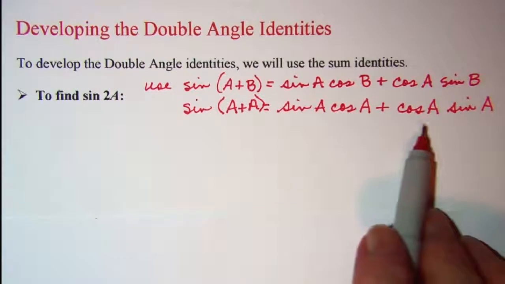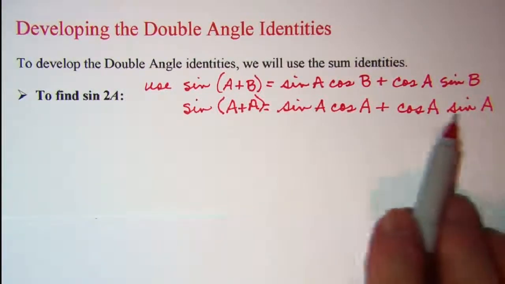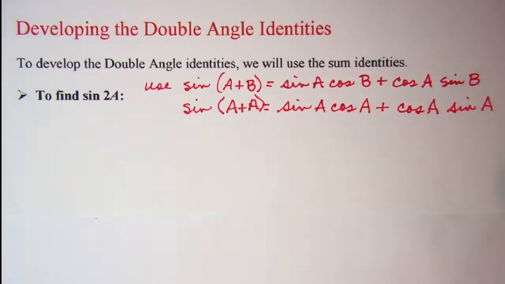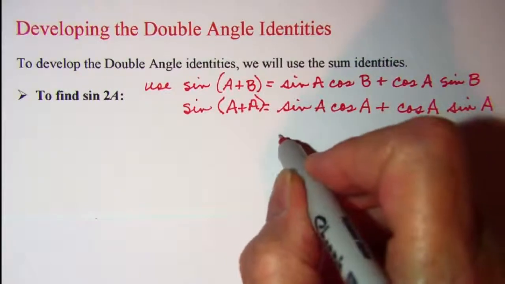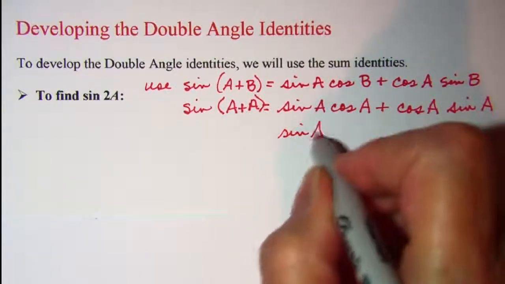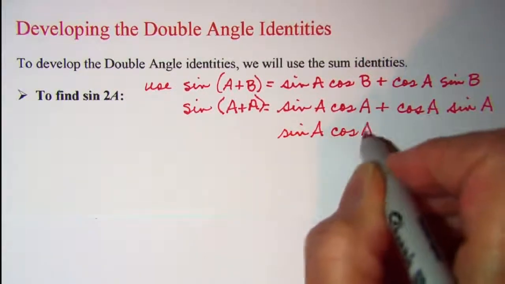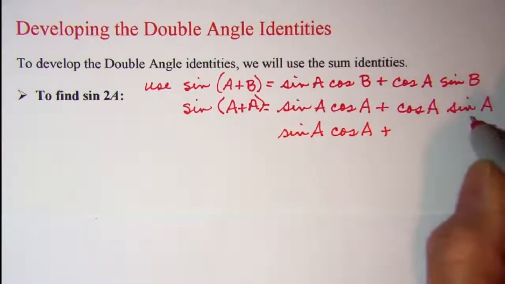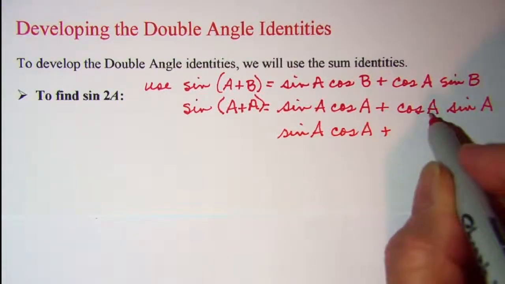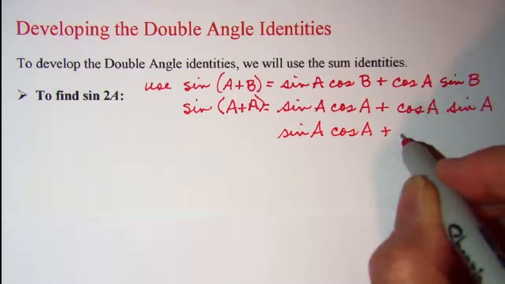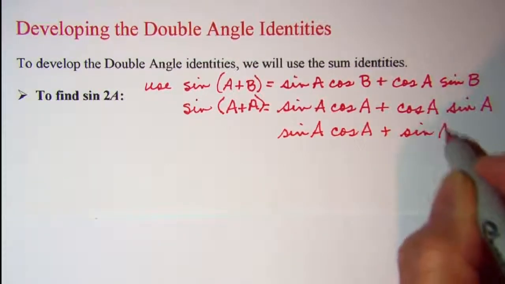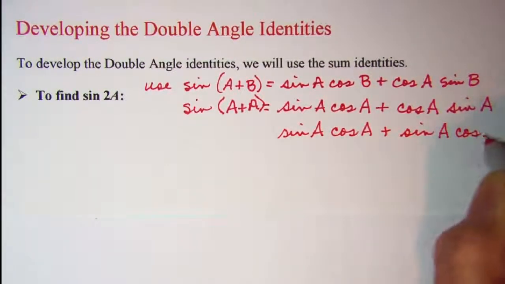Well, if we use the commutative property, this second term is the same as sine a cosine a. So this is sine a cosine a plus, and then commutative property says I can turn these around, and this is also sine a cosine a.